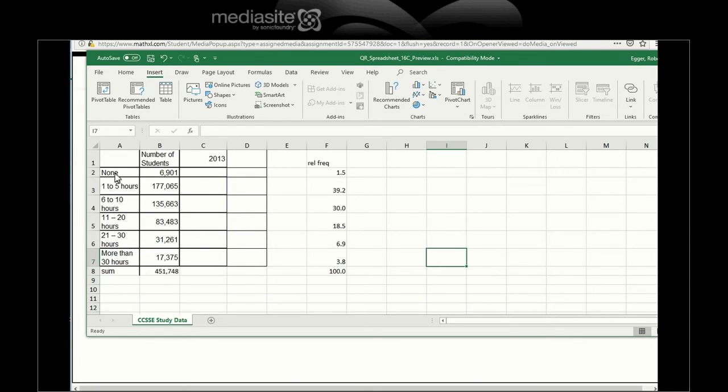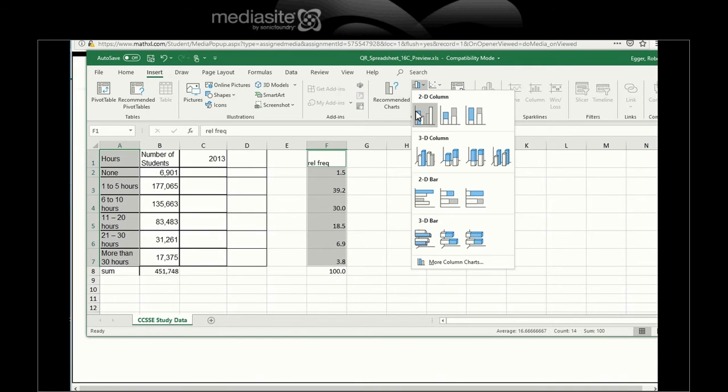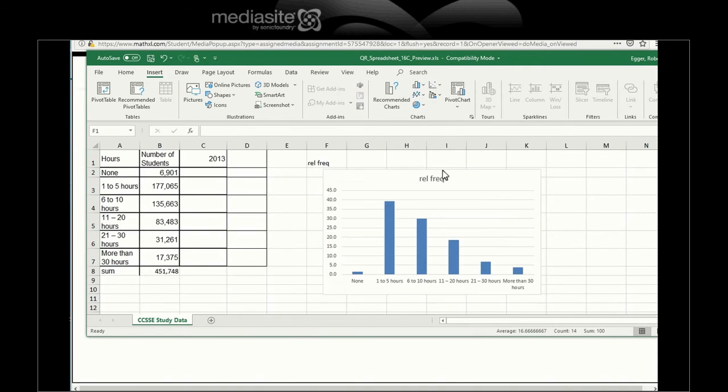And what do I need for my x-axis, and I need my frequency. Now, hours. X-axis, control, relative frequency, and let's make ourselves a bar.